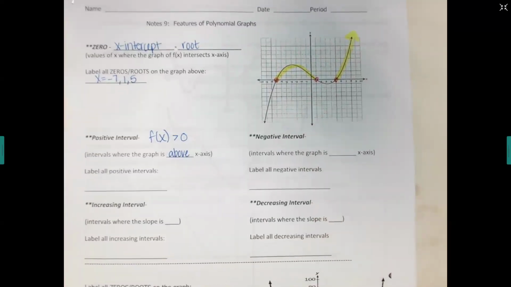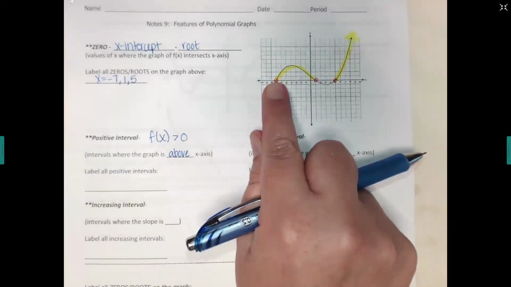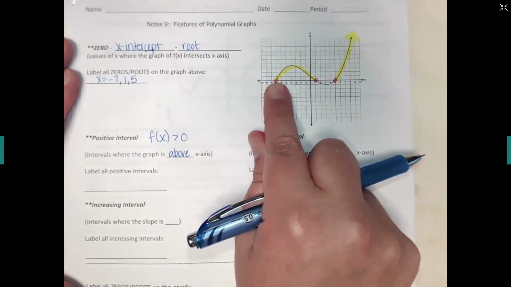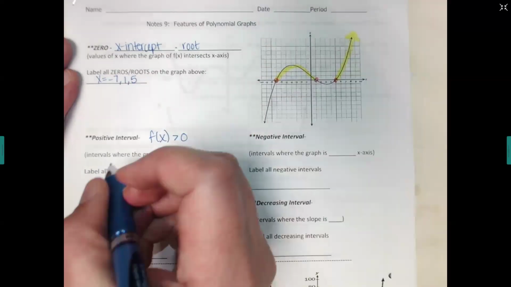So now let's list those as intervals. We already did this on the very first day of school. Where does my yellow section start? What x value is this? -7. And then where does it go under? At what number? 1. So it'd be -7 to 1.